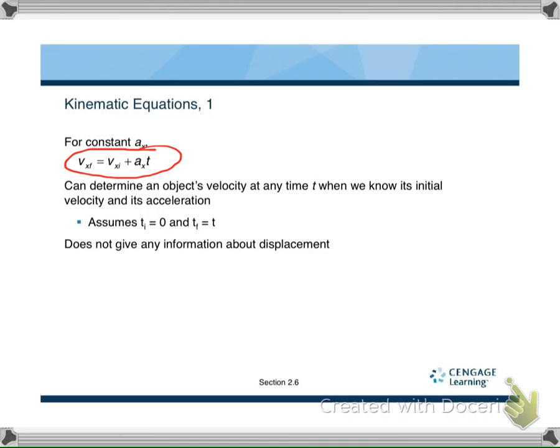And the equation of the velocity is this equation. In this equation, we assume that the initial time ti is 0, and we use t as the final time.